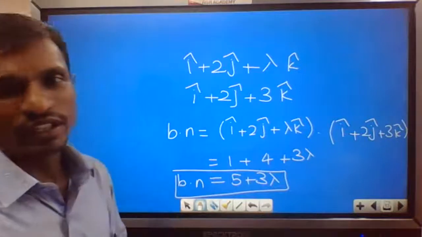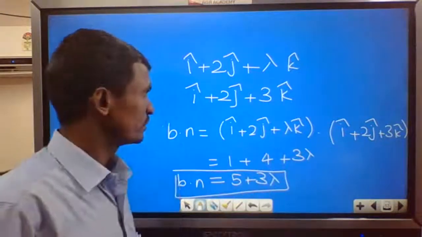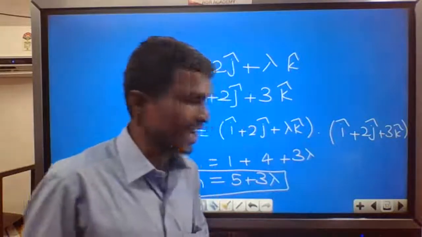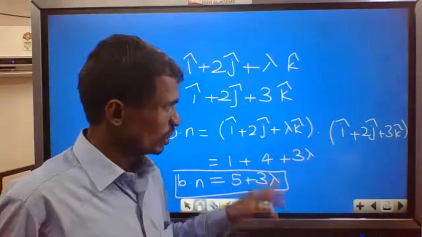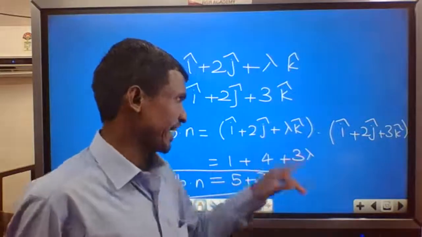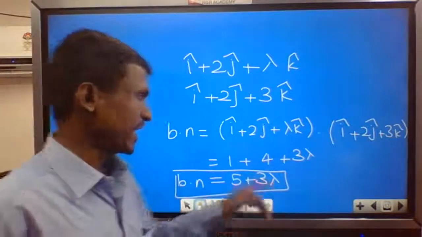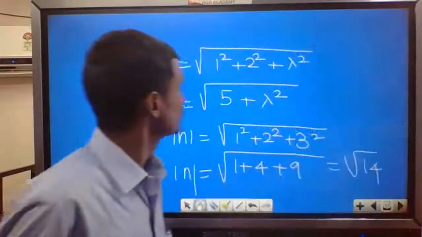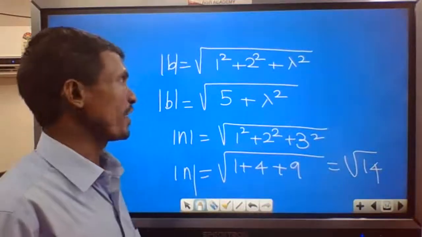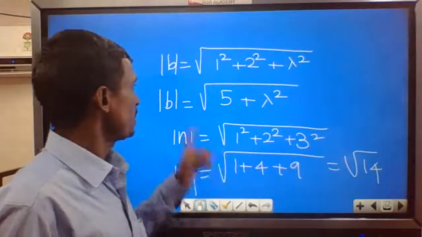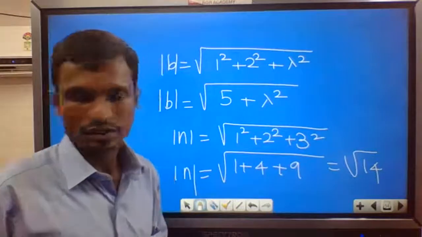The b dot n: i cap plus 2j cap plus lambda k cap, dot n: i cap plus 2j cap plus 3k cap. So 1 into 1, 1. 2 into 2, 4. 3 into lambda, 3 lambda. The b dot n equal to 5 plus 3 lambda. The modulus b equal to root of 1 square plus 2 square plus lambda square, root of 5 plus lambda square.